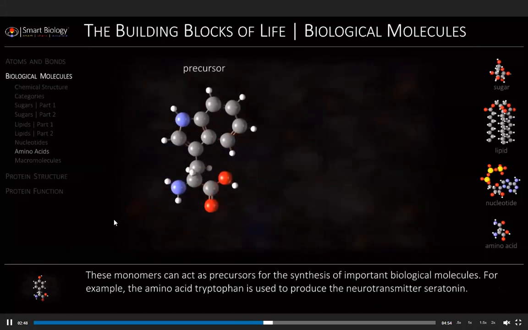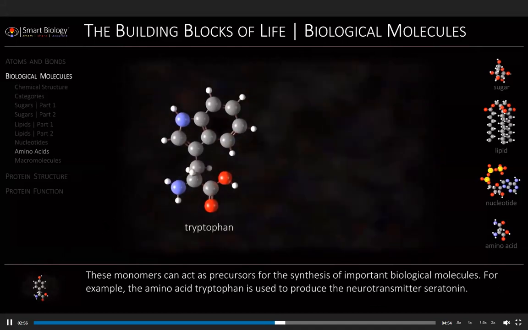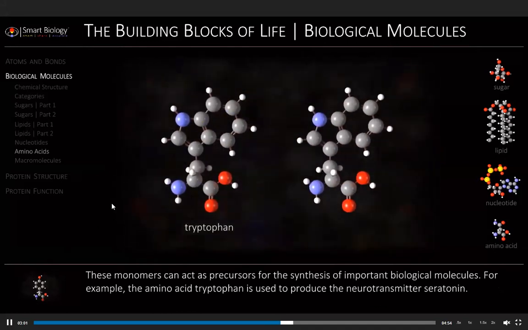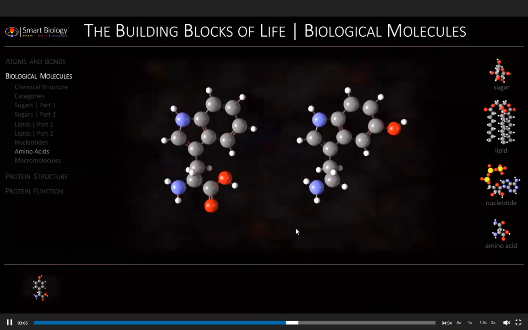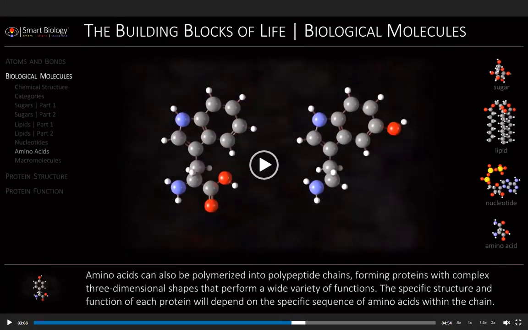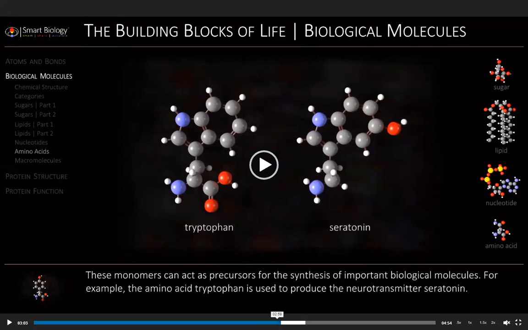So again, now we are going to look at the formation of the peptide bond. So this is tryptophan, and this is tryptophan that can be converted into serotonin. Okay, so let's go back just a couple of seconds.